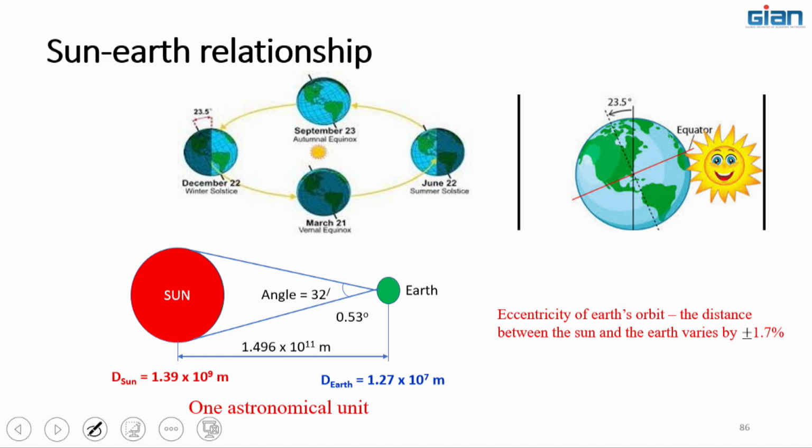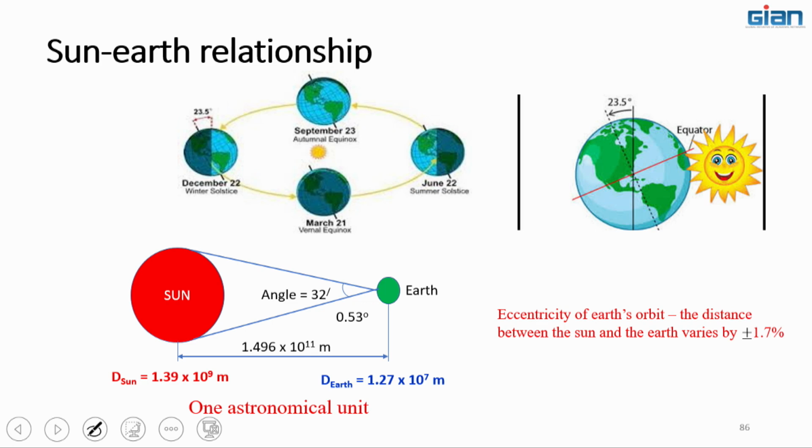This is the summer solstice, where declination angle will be plus 23.45. On December 22, it is minus 23.45. Okay, and then we have the winter equinox and summer equinox.